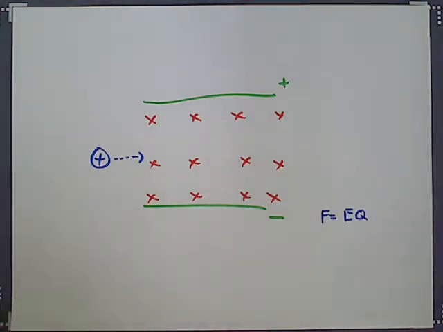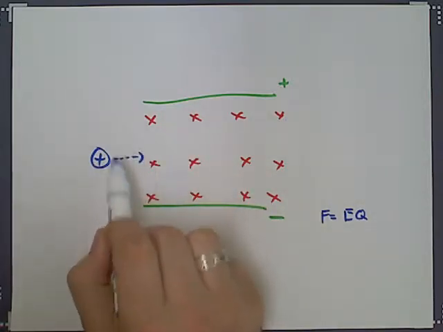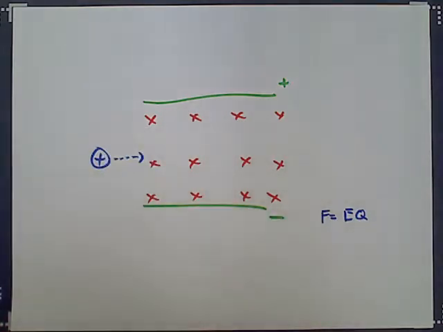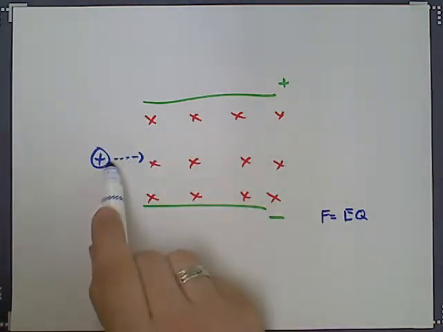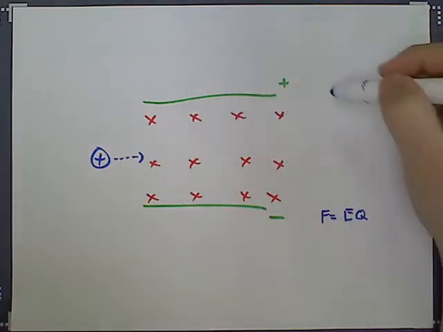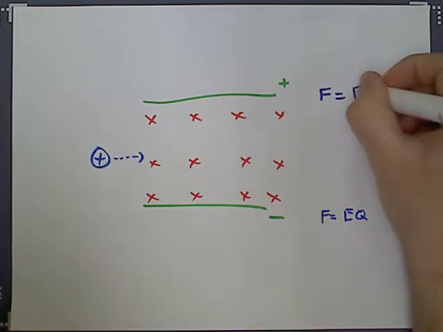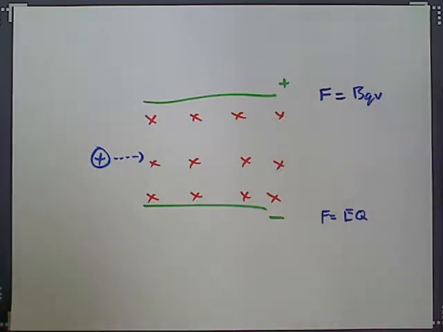So the force due to the magnetic field is going to be upwards initially, as soon as it enters this field. Obviously, it's going to try to do circular motion, but when it's traveling in this direction, the force is upwards. So the force due to the magnetic field as it enters is going to be BQV.